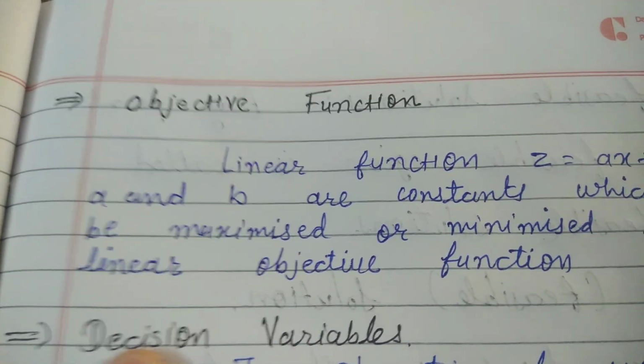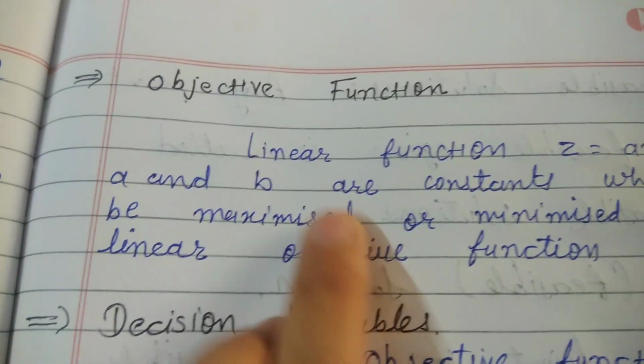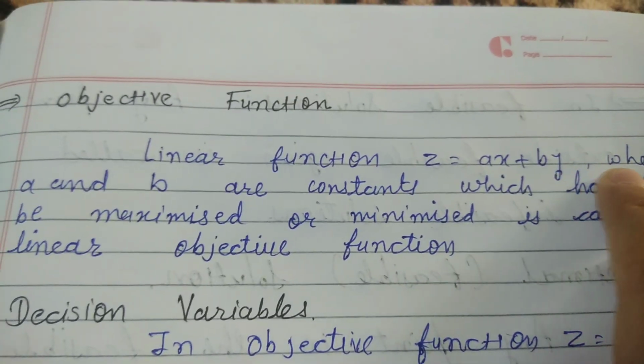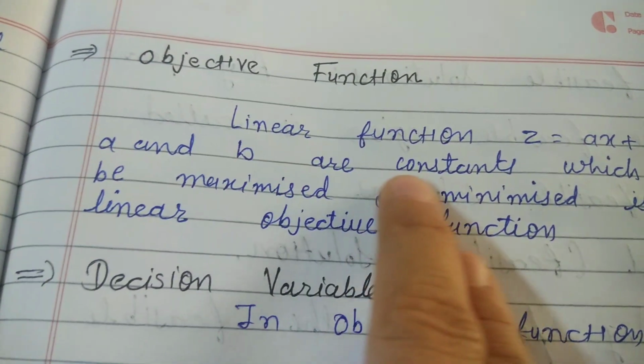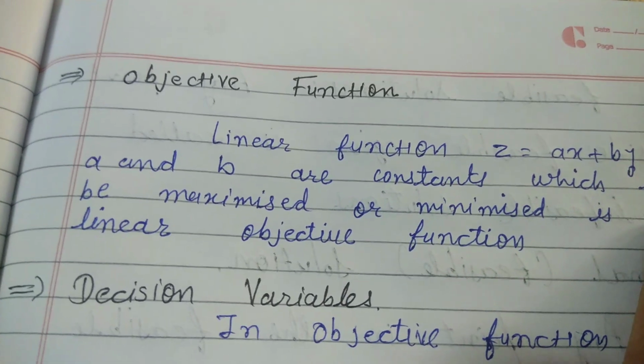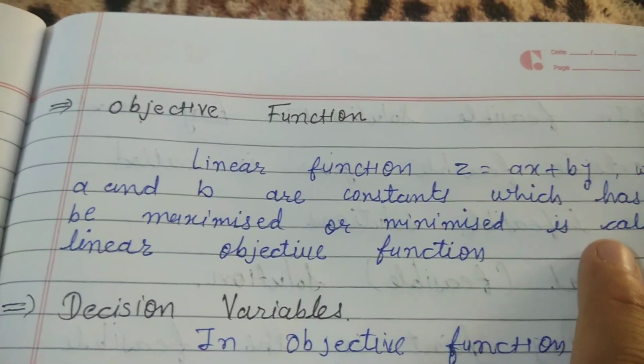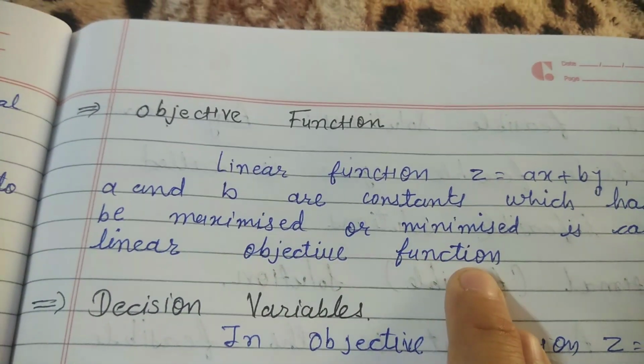This we have seen in the last example, and this is in the note form. So linear function Z equals AX plus BY, where A and B are constants, which has been maximized or minimized, is called the linear objective function.